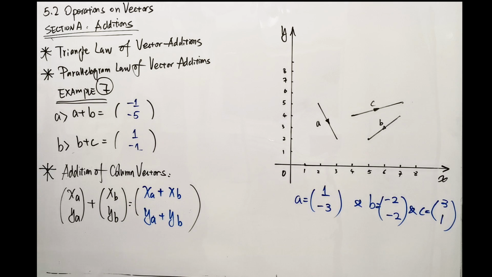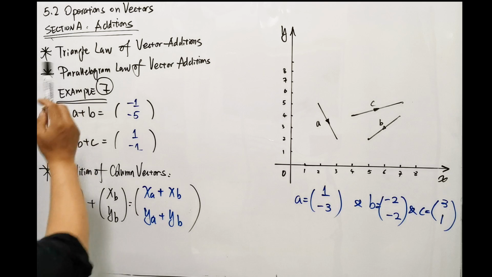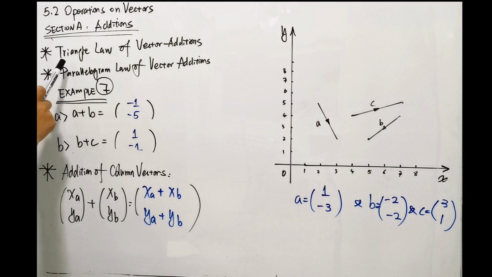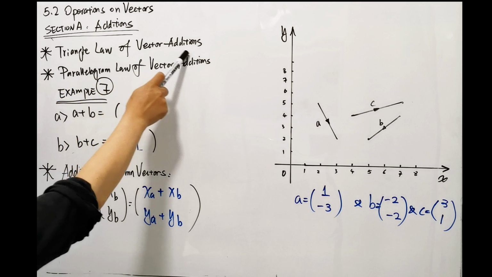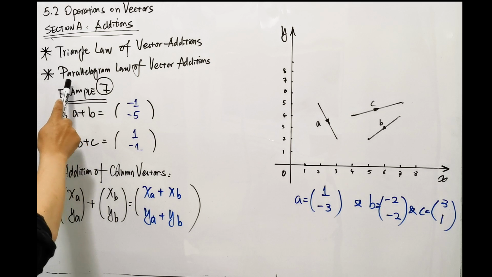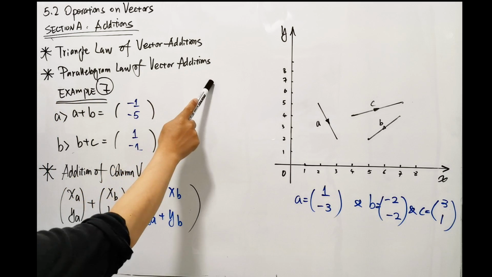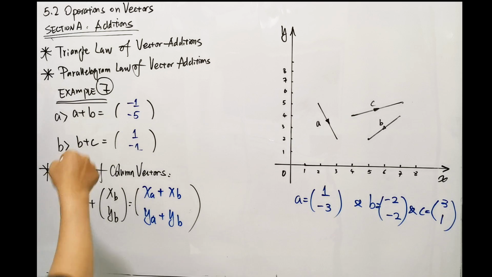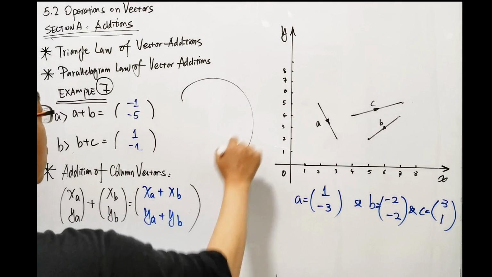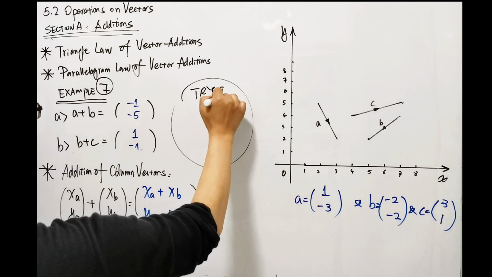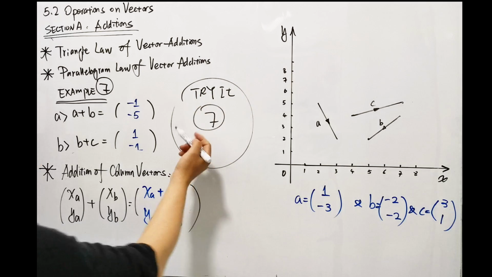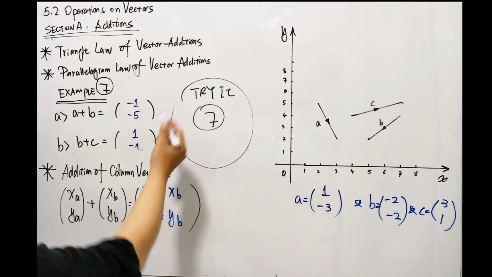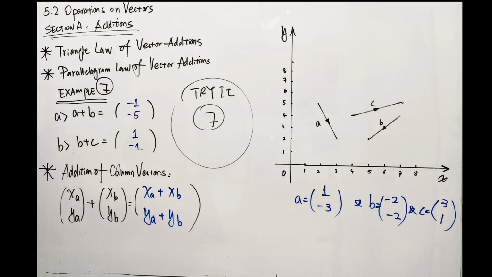Basically today we have talked about 3 very important concepts. The first is the triangle law of vector addition and the parallelogram law of vector addition. Then we discussed example 7. When you go back home, please try question 7, because it is similar to example 7, and see whether you can get the correct answer.